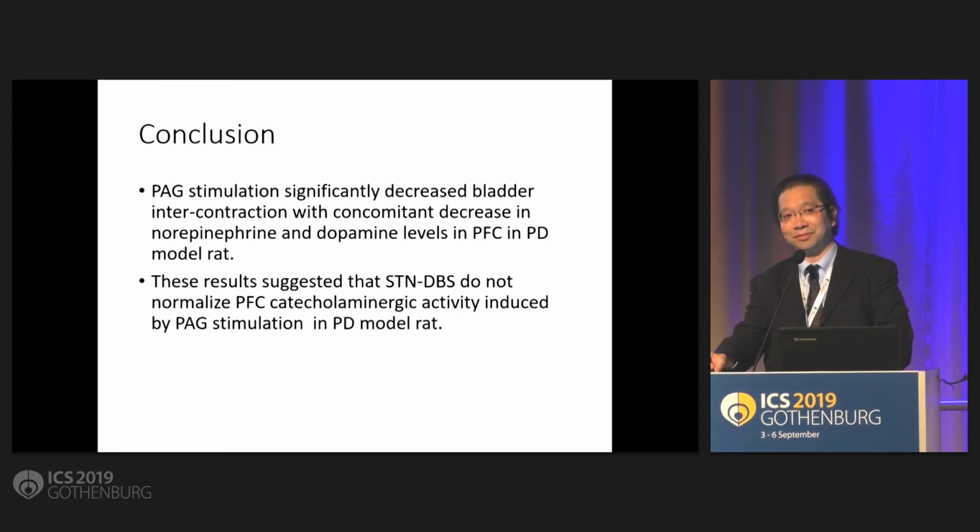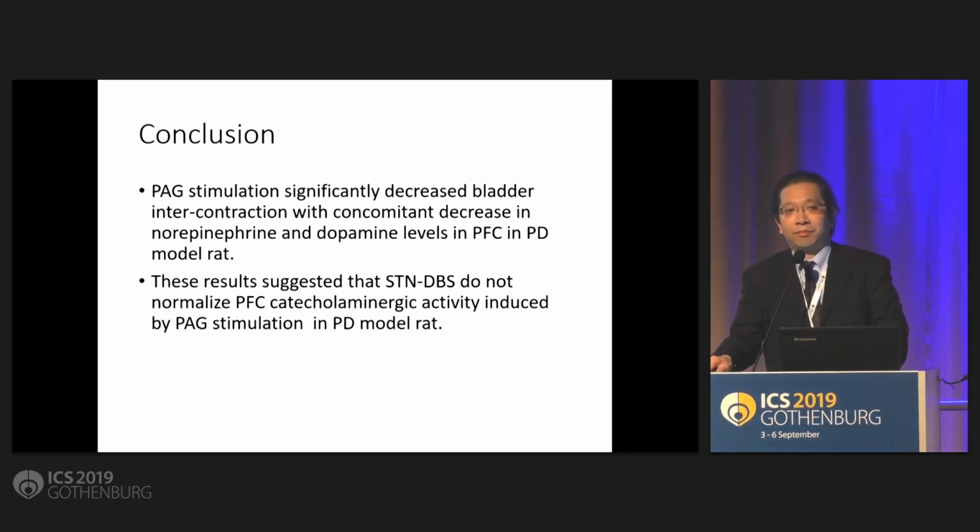So kind of disconnection between that PFC catecholamine levels and the changes in bladder function. We have to further examine what happened in PFC. Or for example, adding some norepinephrine or serotonin directly to PFC, or SSRI or SNRI. So we have to check. So you also check the serotonin levels?